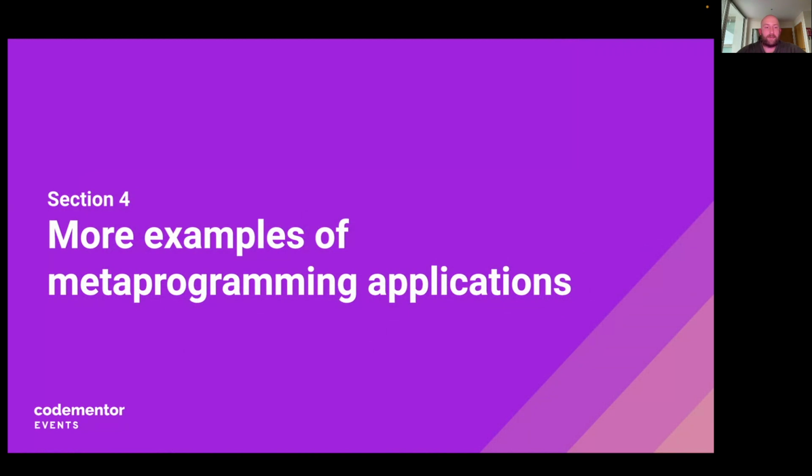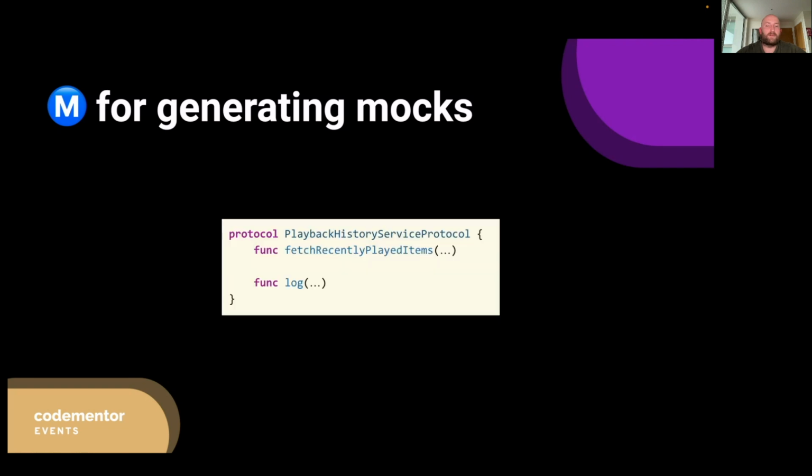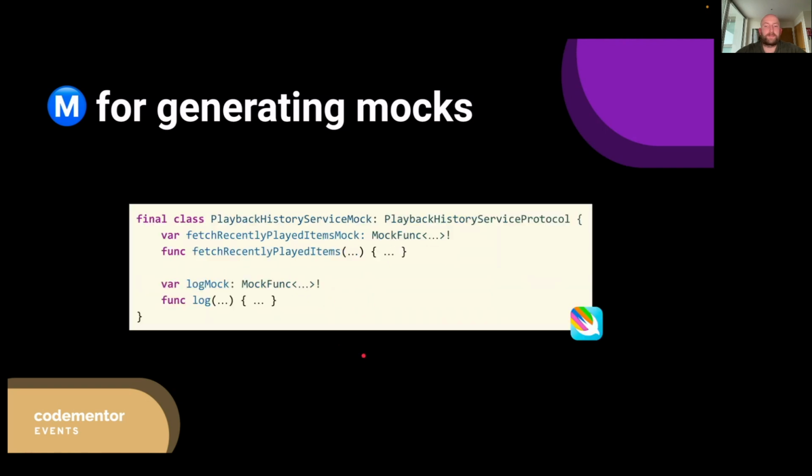Okay, more examples of metaprogramming applications. Here, I'm going to share with you some ideas on how you can improve your workflows and utilize it. I've already discussed this. Metaprogramming is probably used most for generating mocks. When you have your protocol and it has these methods, we can generate a mock version of it.